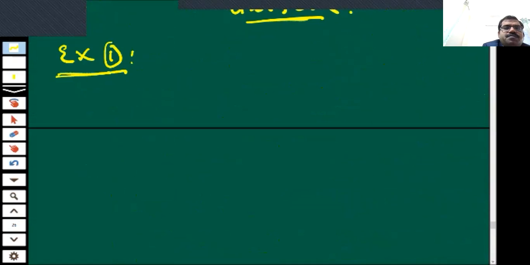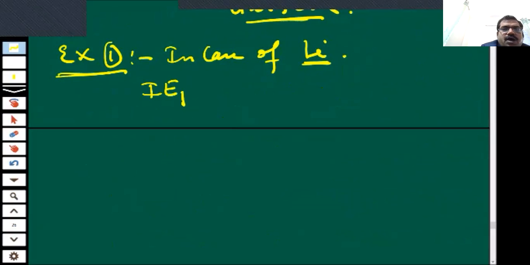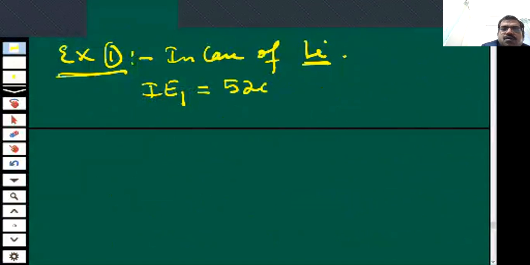Example 1. See, I am giving you, in case of lithium, I will tell you the values. IE1 is 520.30 kilojoule per mole.